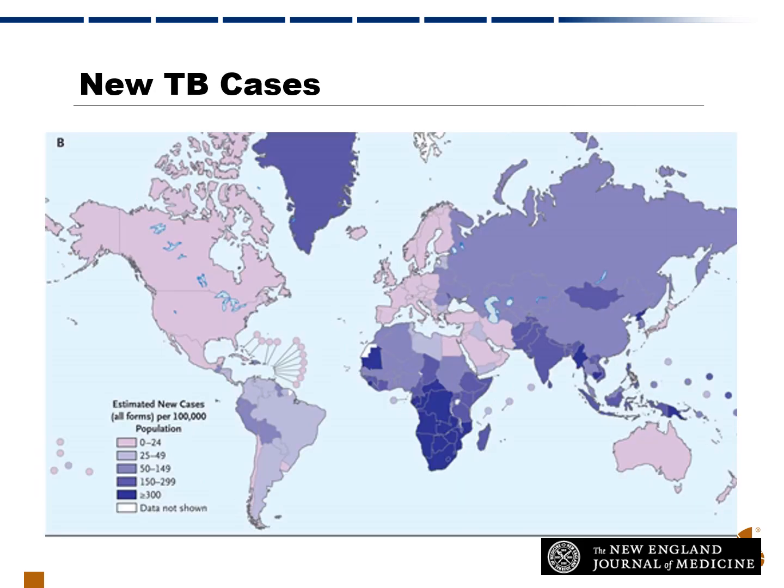And here's an idea of where new TB cases are coming from: the continent of Africa, Asia, South America. I don't know how many cases are actually coming from Greenland, but it's also shaded dark there.